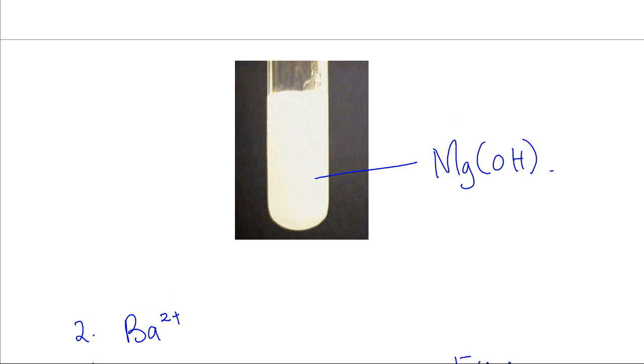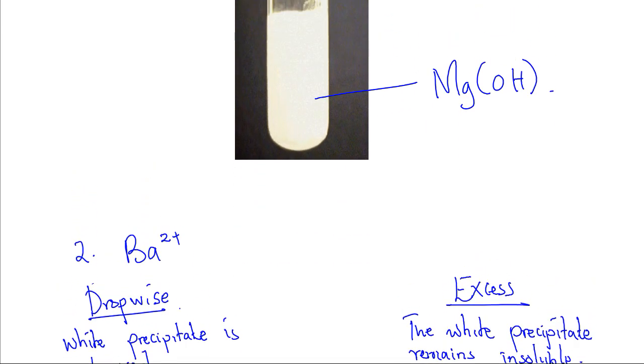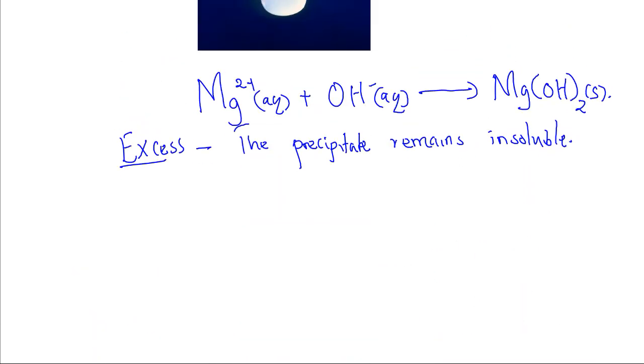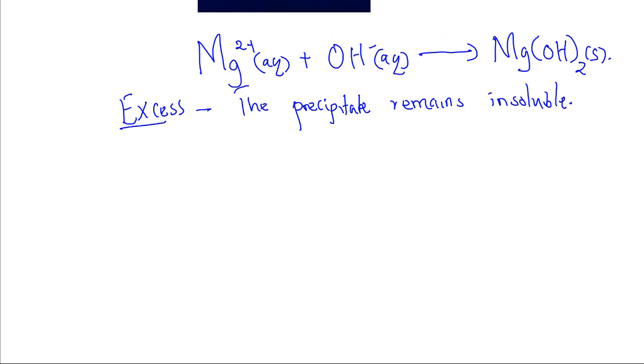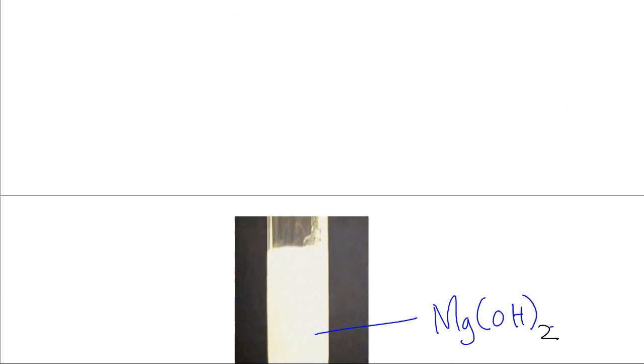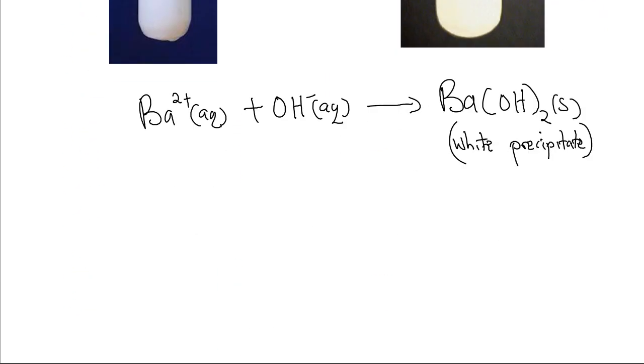There has to be 2 as a coefficient of hydroxyl for us to have the equation well balanced, and that is what we have said is a white precipitate formed.